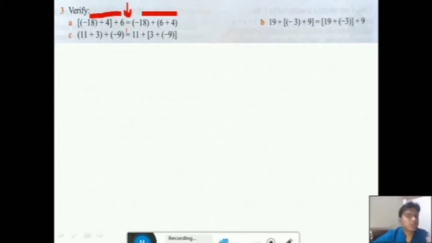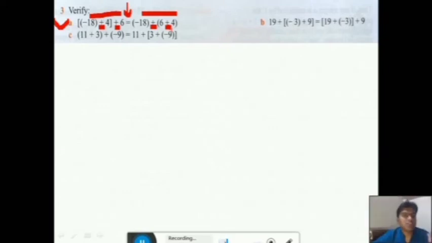So what we have to do? We have to see first whether this given expression is given in the properties of addition of integers or properties of subtraction of integers. Here between the numbers a plus sign is there, and here also between the numbers a plus sign is there. So this question is based on the properties of addition of integers.